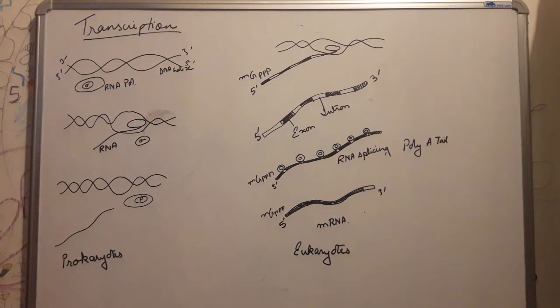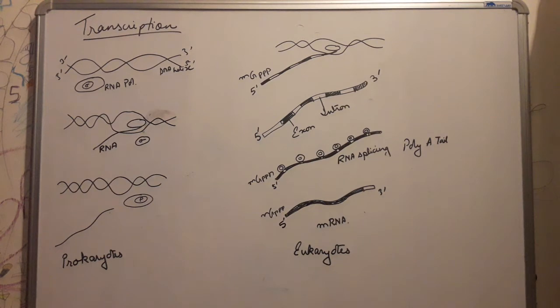Once initiation has been done and synthesis is started, we can simply remove the sigma factor. So the RNA polymerase now takes over the whole function and starts synthesizing the RNA strand. It will continue till it reaches the terminator.